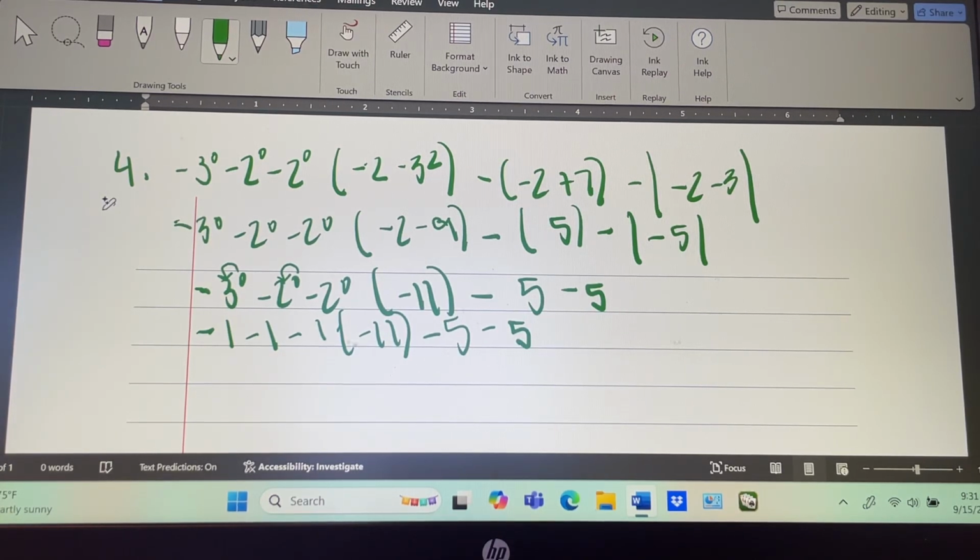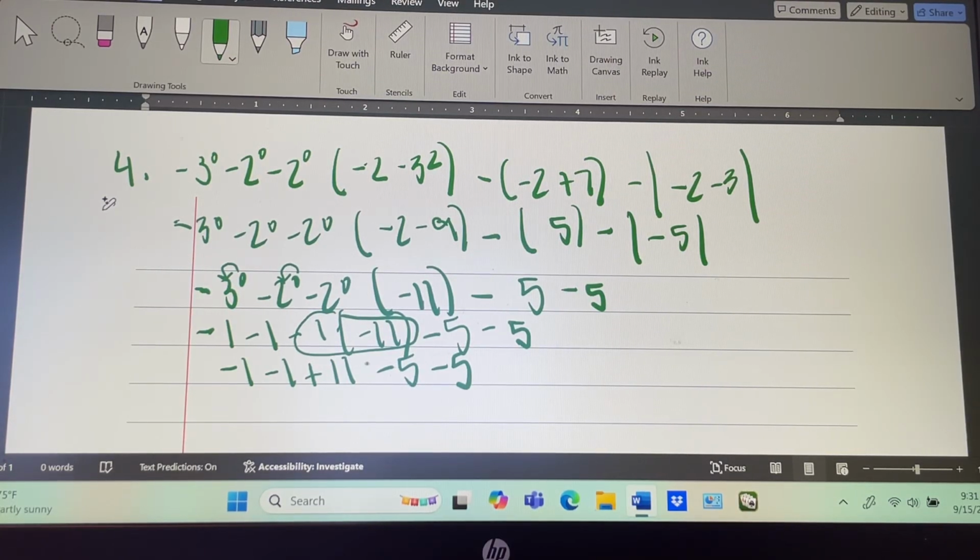Okay, now we've got a multiplication here we need to deal with. So we've got -1, -1. -1 times -11 becomes +11, -5, -5. Now you notice all our parentheses are gone, all of our exponents are gone, all of our multiplication is gone, and all of our division is gone, and we're only left with addition and subtraction.